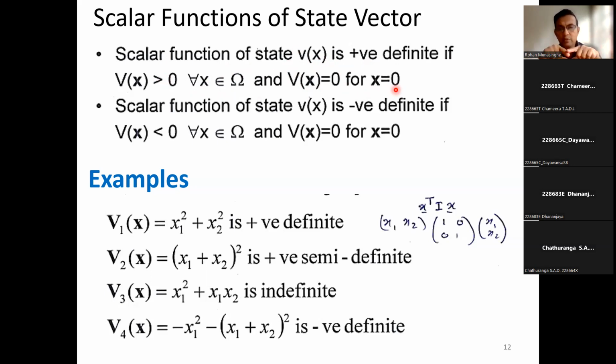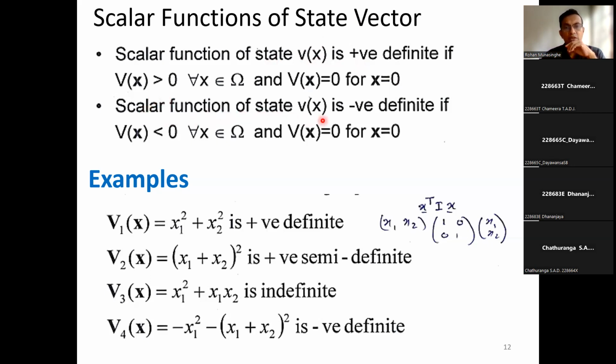At the equilibrium state, it is 0. But if you deflect it in any direction, it has a positive value, positive energy. So if you have a function like that, we call it positive definite. Definitely positive, that is the meaning.